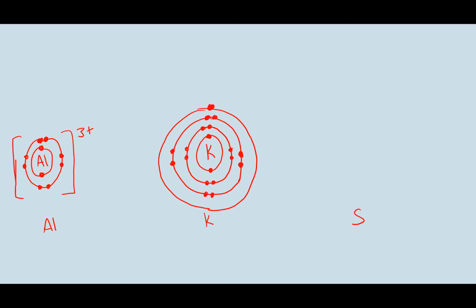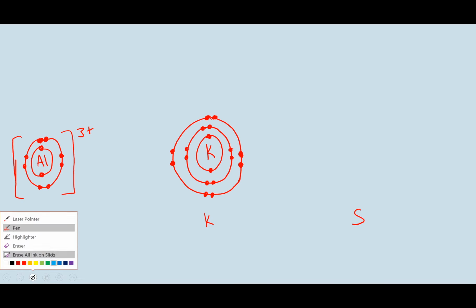Generally speaking, looking at the periodic table, we should see that potassium is a metal. So it is generally going to be easier to get rid of this 1 electron. And you can think of common sense: is it easier to get rid of 1 or gain 7? It's easier to get rid of that 1 electron. So potassium is going to lose that 1 electron, so there's no more outer shell.